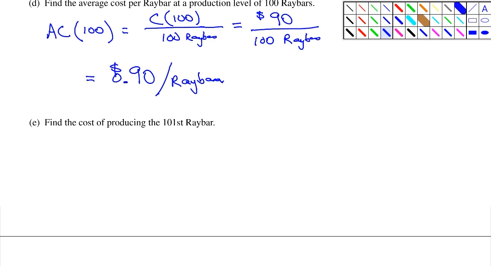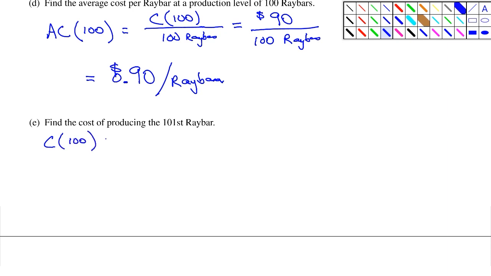Finally, let's look at part E. Find the cost of producing the 101st ray bar. So it's not asking for the cost of a total of 101. It's find the cost of that particular candy bar, that 101st one. Now here's what's happening.